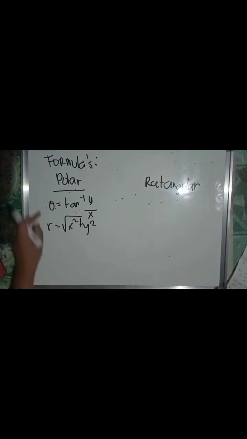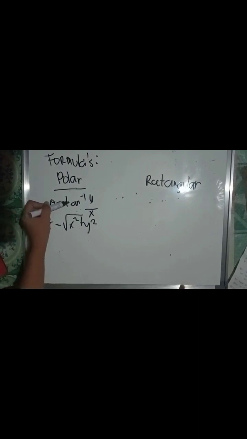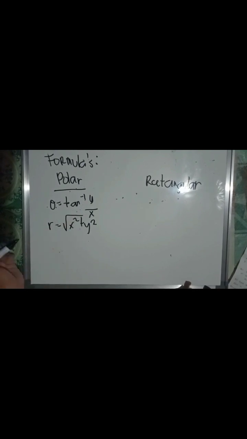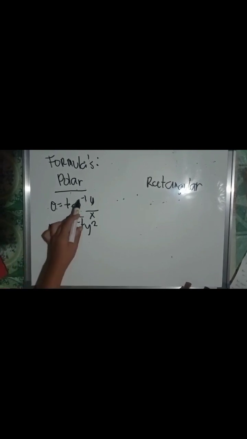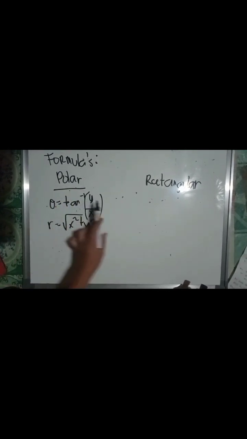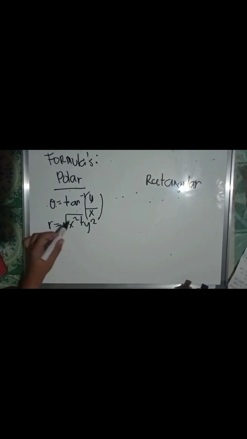So the formula for rectangular to polar, for our theta, is tan inverse of y over x, while for our r, the formula would be the square root of x squared plus y squared.